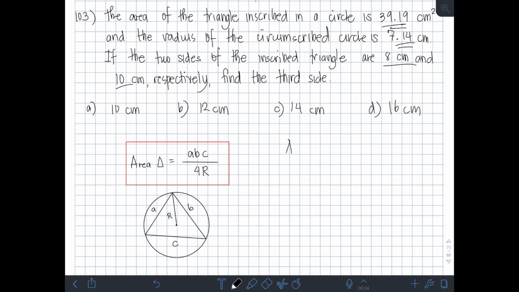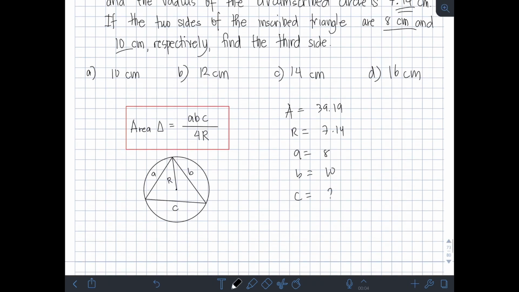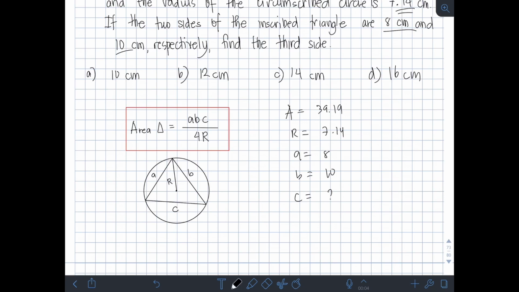So, let's say area na lang natin is 13.19, yung R natin is 7.14, yung A natin is 8, yung B natin is 10, then hanapin natin si C. So, direct plug in lang sa formula. So, area is 13.19 equals A is 8 times B is 10, then unknown si C over 4 times R na 7.14.